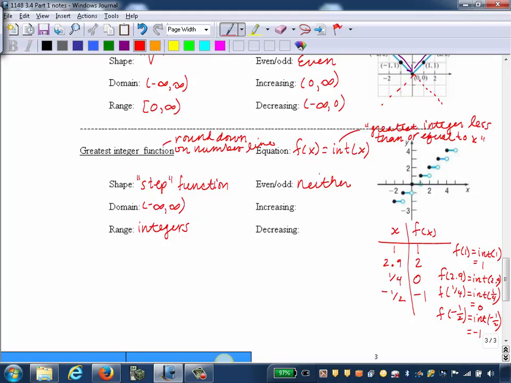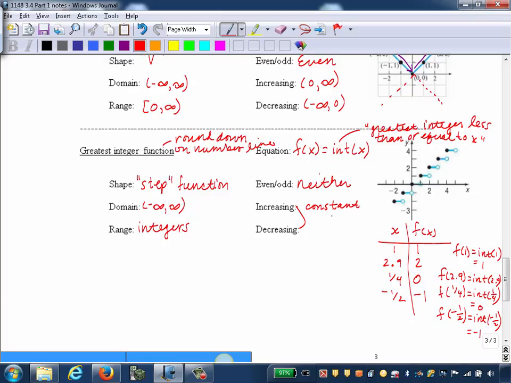Now, as far as increasing and decreasing, although it appears that each of these steps is getting higher as you move left to right, which might suggest increasing, on each of these steps, they're flat. Those are constant. So as far as increasing and decreasing, we would just say that this is a constant function.